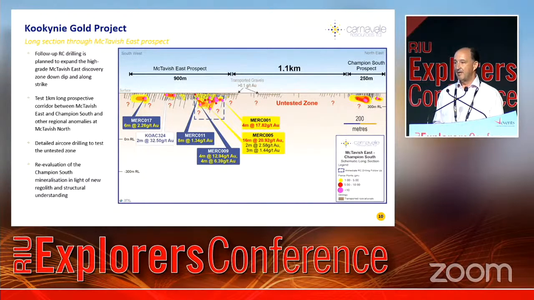So we have an RC rig booked to come back and drill in this area immediately. We finish at Ora Banda, so that's in March, and an air core rig to come and test this zone as well. So we're aggressively developing this. We have the funds to do it, and we're very hopeful to grow this spectacular new discovery at Kukani.